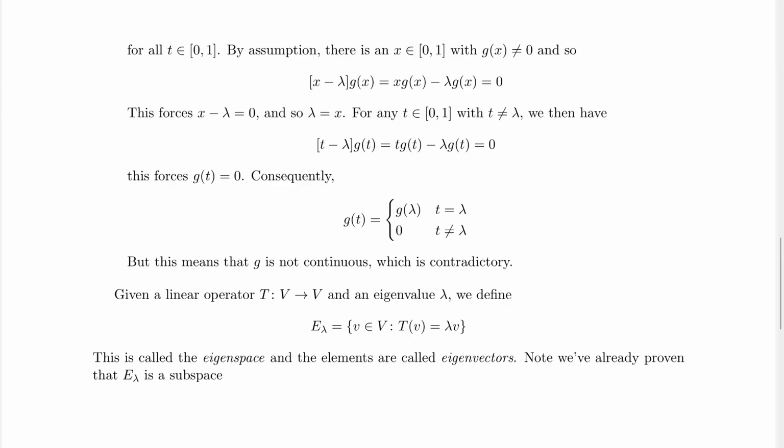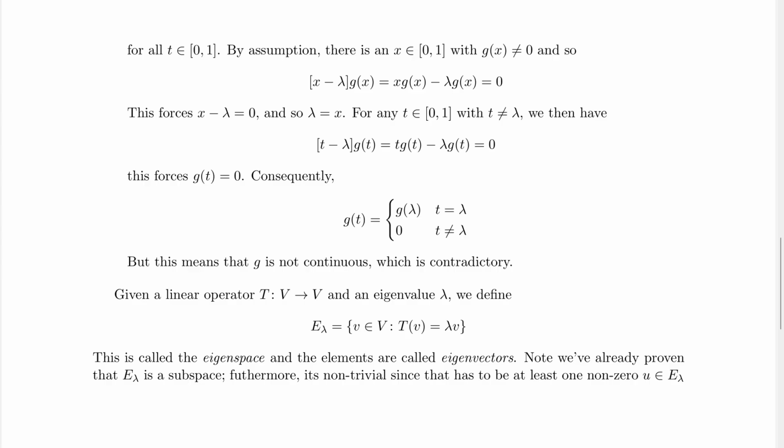We did it for matrices in the exam review, but if you replace the matrix multiplication with linear operator, it's the same proof, and you will get that this is indeed a subspace. And in fact, furthermore, it's non-trivial since there has to be at least one non-zero element that lives in it.